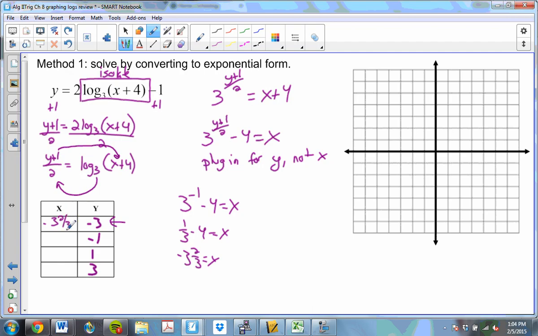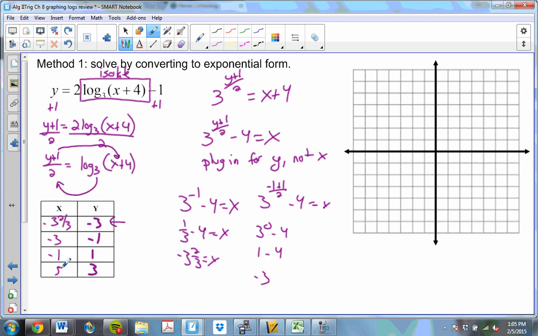Now I'll plug in -1. 3 to the (-1 plus 1) divided by 2 minus 4 is really 3 to the 0 minus 4, which is 1 minus 4, which is -3. This is the point (-3, -1). I plug in a 1, I get -1. Plug in a 3, I get 5.